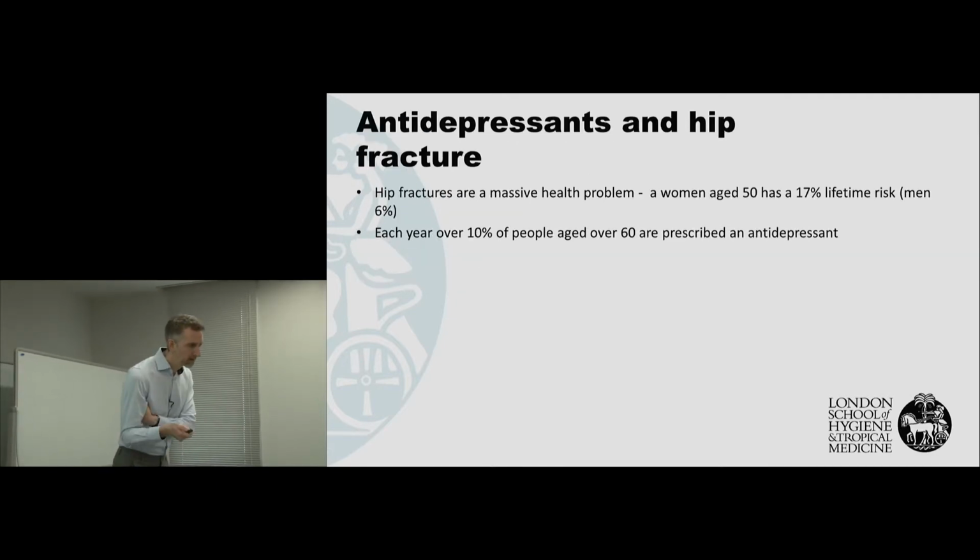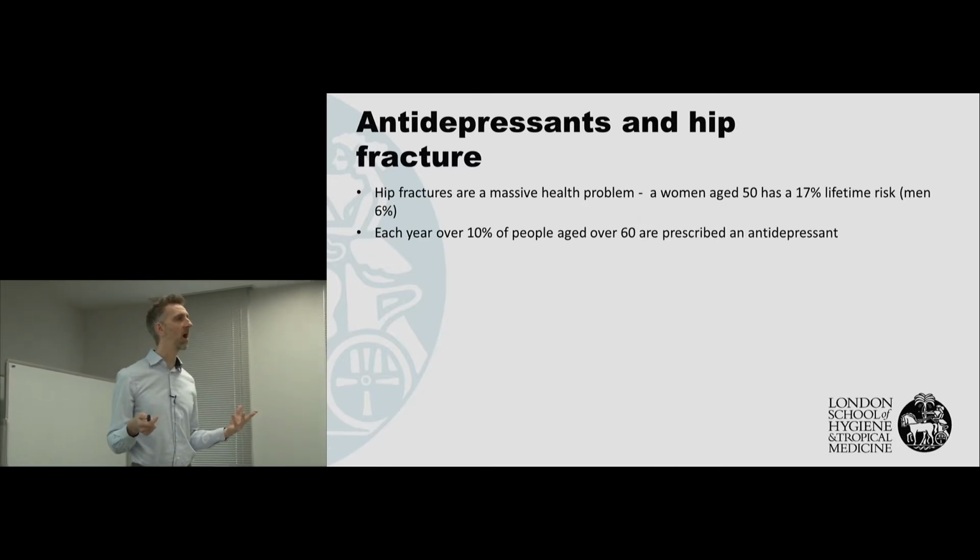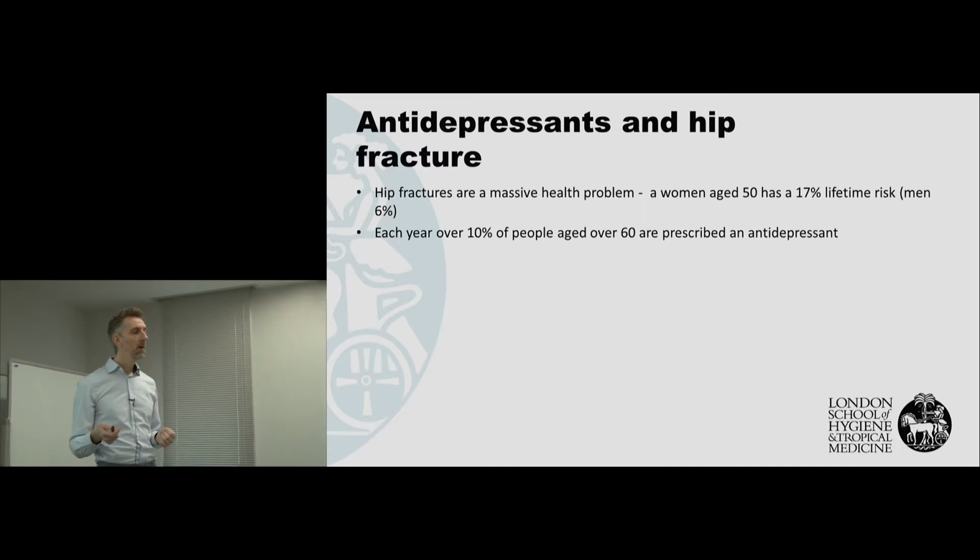Okay, so going back to the question of antidepressants and hip fractures. Hip fractures are a big public health problem. They happen particularly to older people, and a woman who's aged 50 has a 17% lifetime risk of having a hip fracture. That's quite a high risk. For men it's a little lower, 6%.